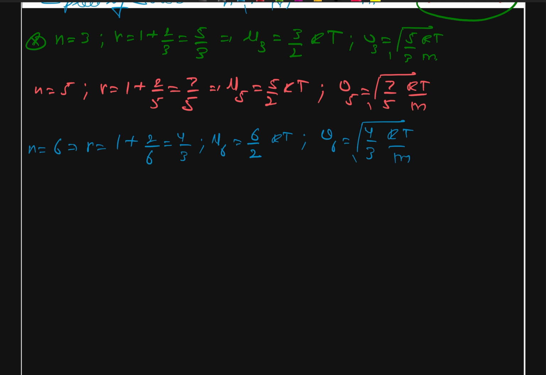And finally we have n is equal to 7. We get gamma is equal to 1 plus 2 upon 7, which comes as 9 upon 7.